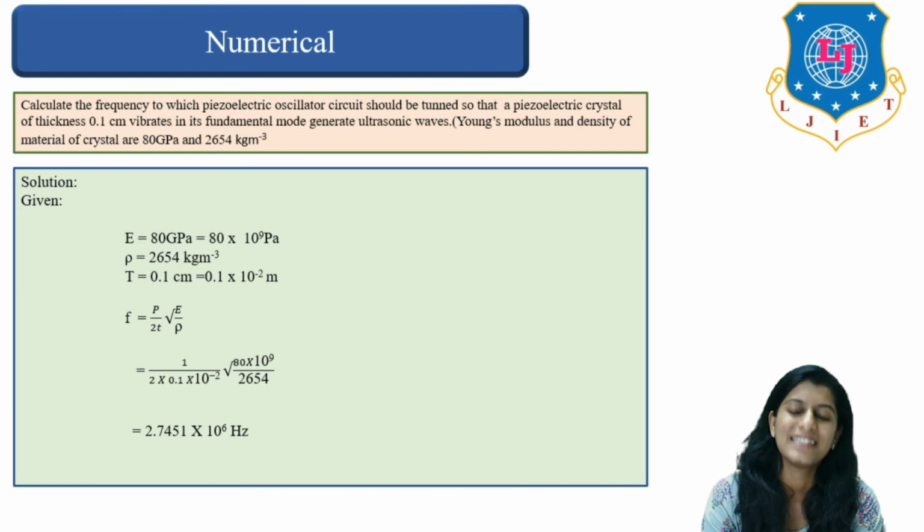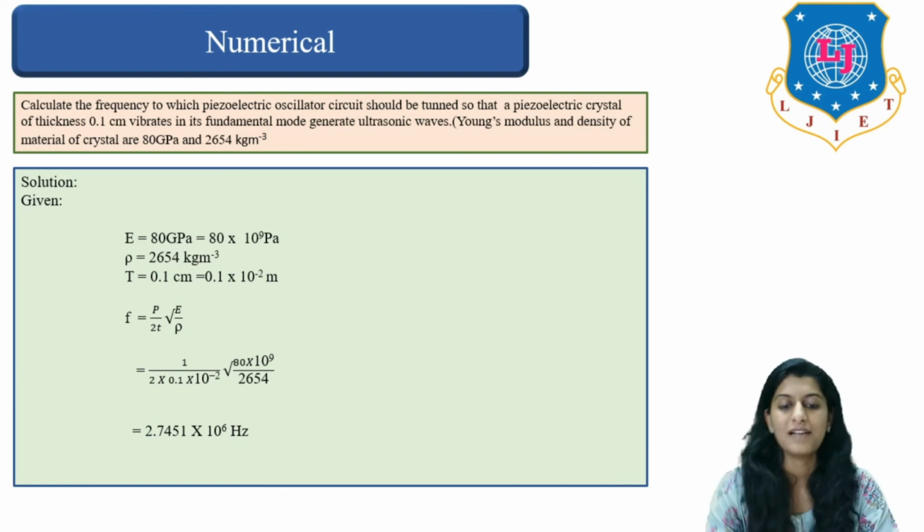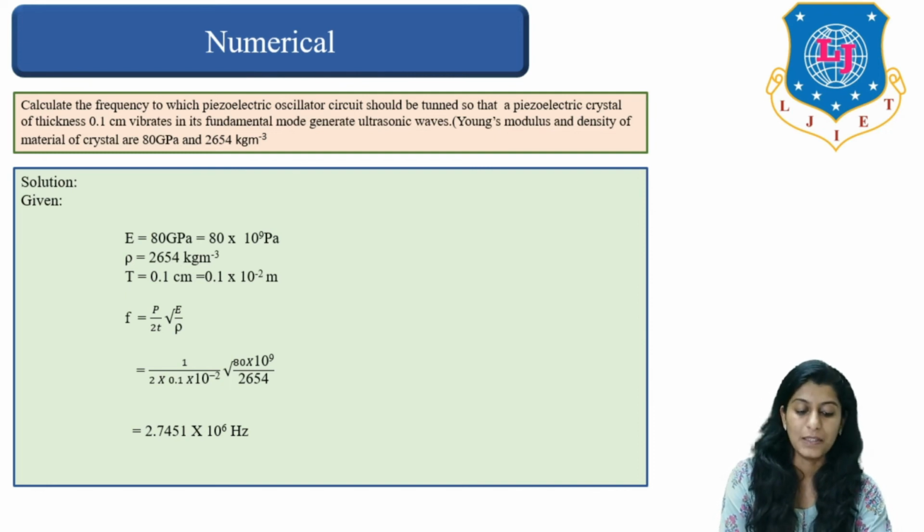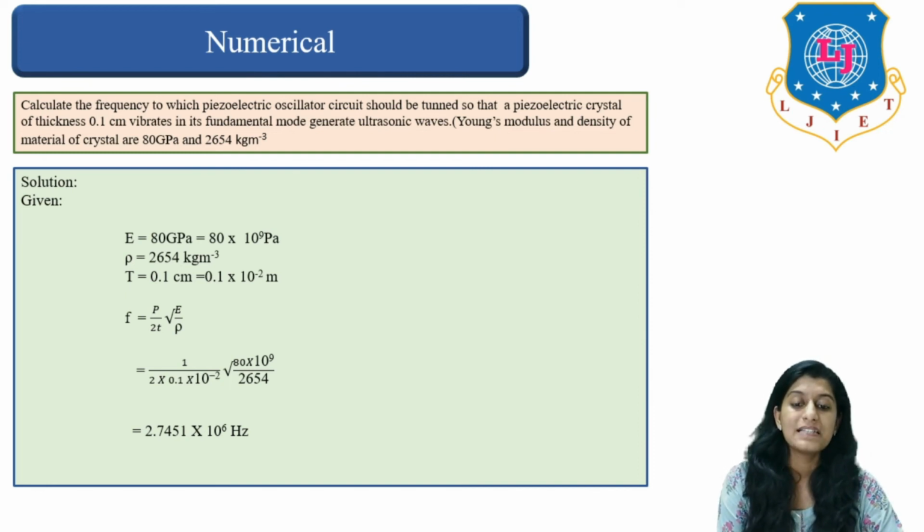So 80 GPa, that is gigapascal, can be converted into 80 × 10^9 Pascal, right? Now density is given to us as 2654 kg per meter cube, which is the SI unit.